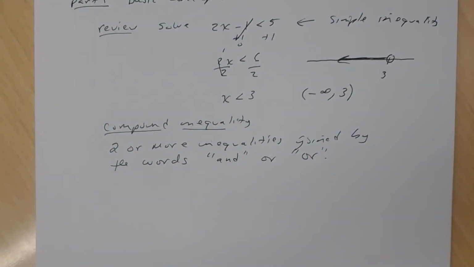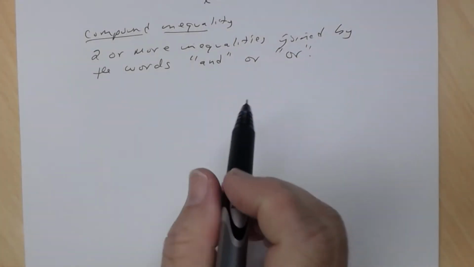So we're looking at the word and or the word or. Okay, so let's look at an example and let's see what this means.